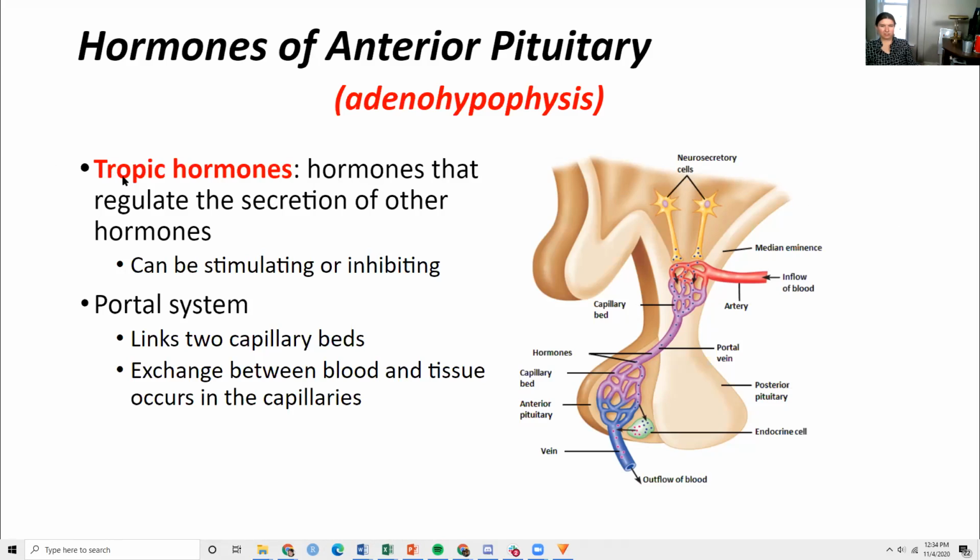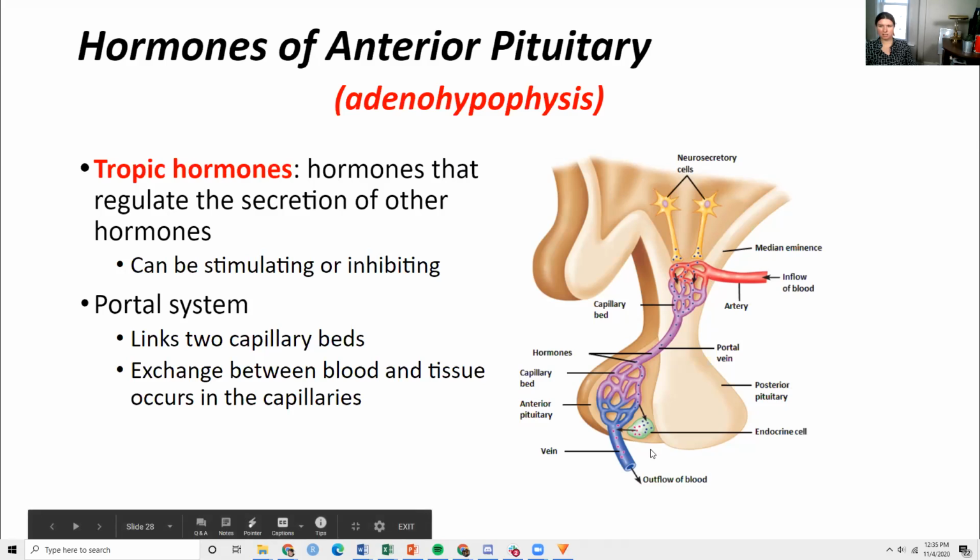So we have this word that describes the fact that some hormones, their job is to tell other cells to release hormones. So we call them tropic hormones. And that's what's happening here with these cells in the hypothalamus. These neurosecretory cells in the hypothalamus are releasing hormones into this first capillary bed, that travel into the secondary capillary bed and tell the endocrine cells in the anterior pituitary, hey, go release your hormones.